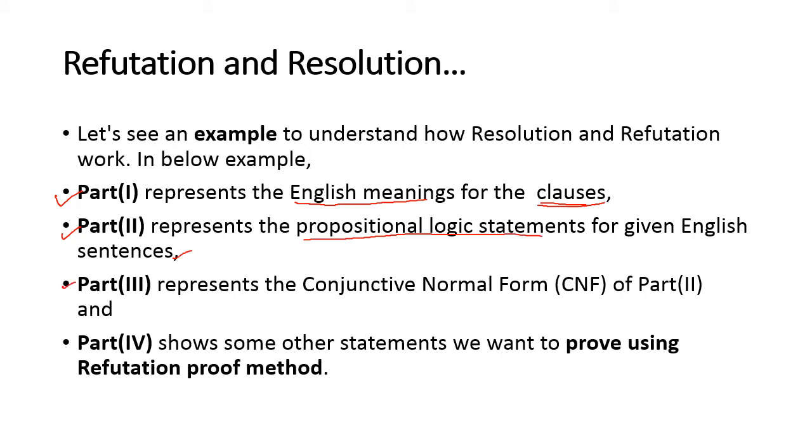Part 3 represents the CNF form of part 2. That is, the propositional logic statements will be converted into CNF form in part 3. And the next one is part 4. This is a very important one. This shows the other statement we want to prove using this refutation proof method.